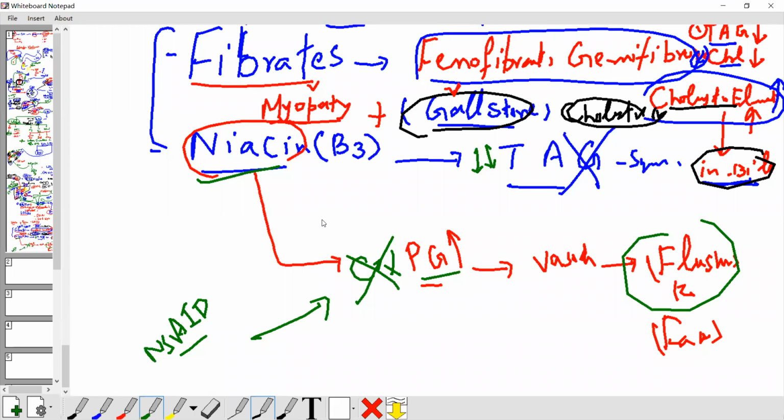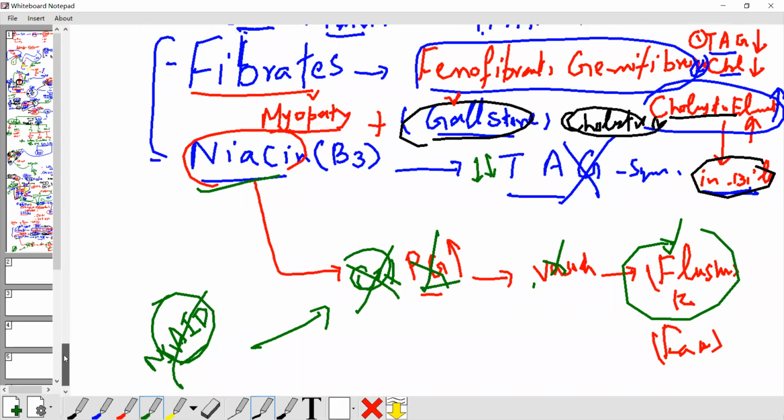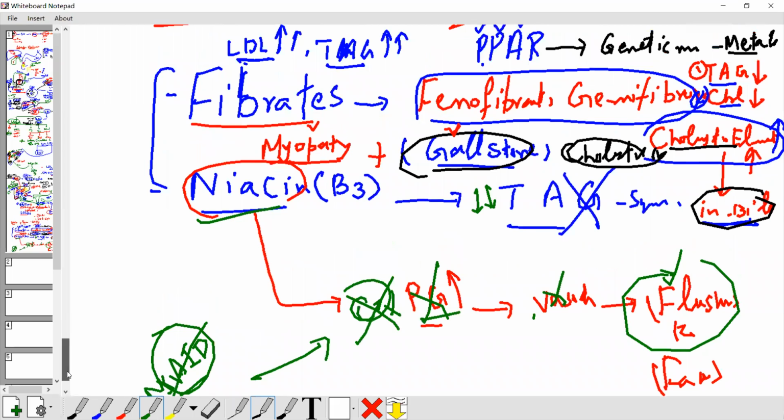Niacin increases prostaglandin under the skin, causing flushing. These NSAIDs block the COX enzyme, so no more production of prostaglandin, no more vasodilation, no more flushing. So you can combine niacin with NSAID, then no more flushing.